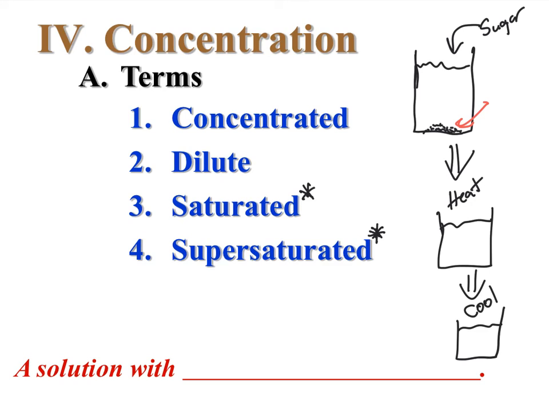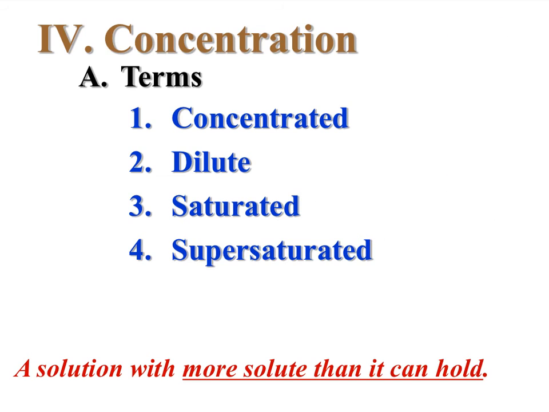You can even just tap the side of the container, and that solute will fall out of solution. All right. So that's really basically what you need to know for concentration. We can force this because we can use it with heat, as I just explained.